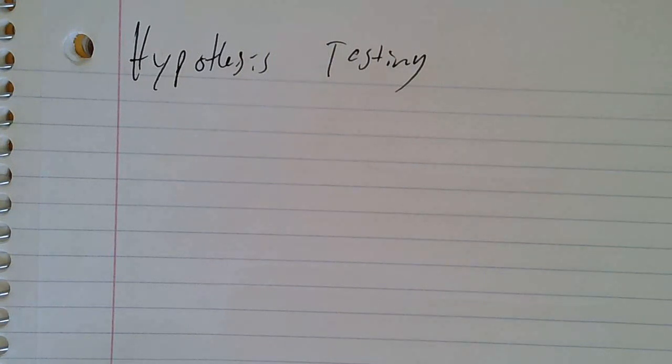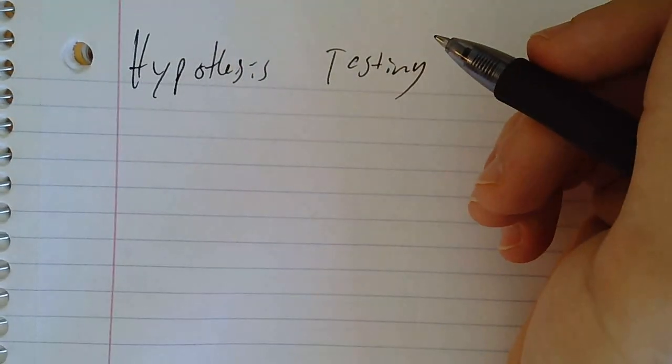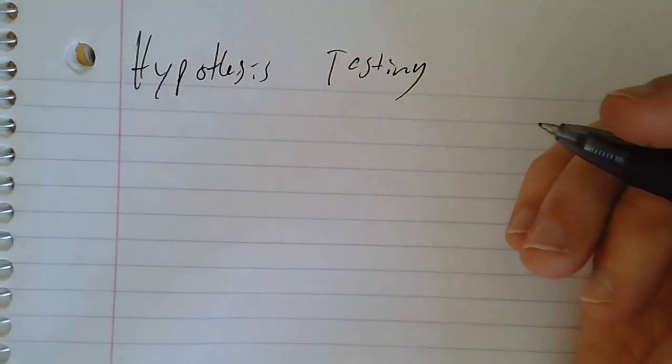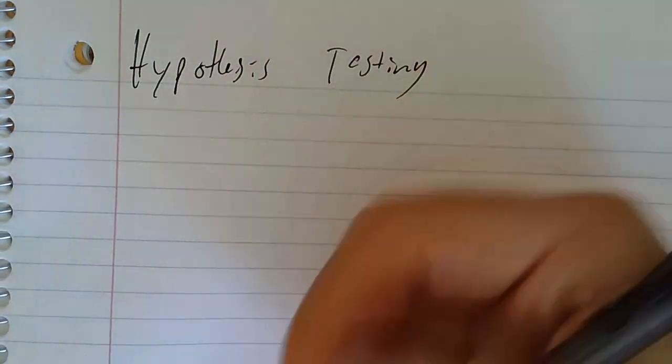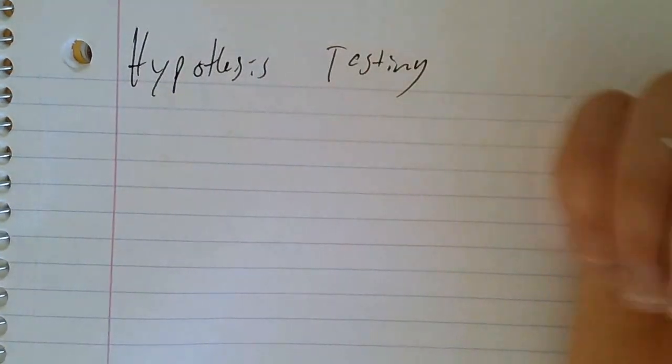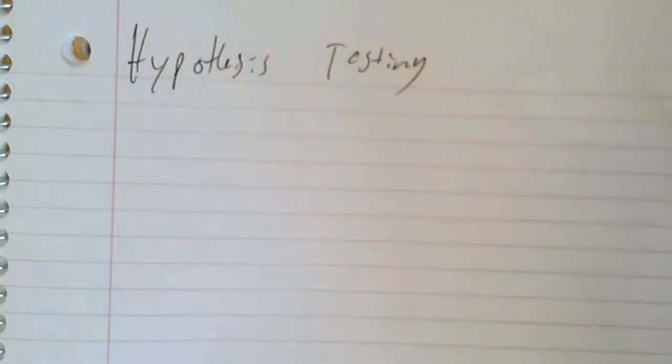So if you remember the example we did with Mr. Smith, where he said, I have an 80%, I'm just going to do that one. He said he had an 80% free throw average, and then we tested that, and we looked at whether that was true or not. So I'm going to use that same example again.